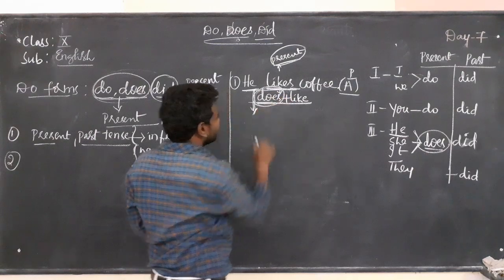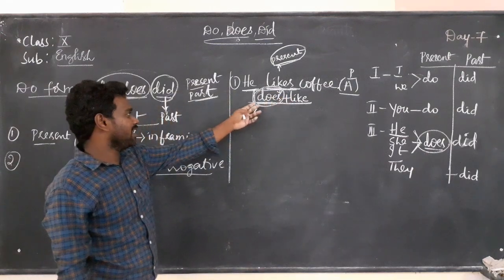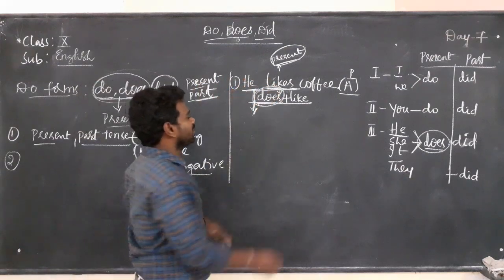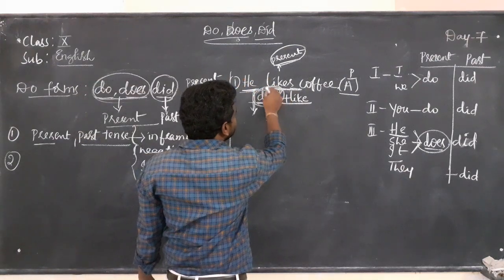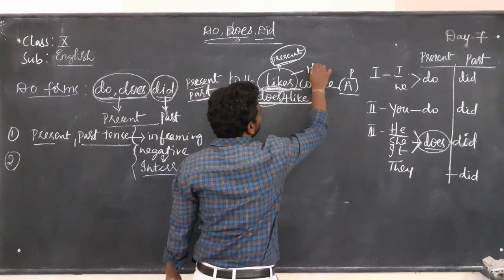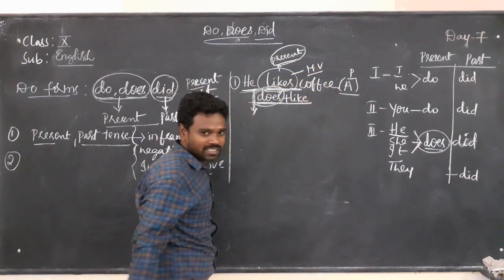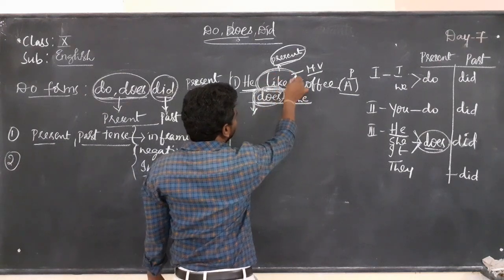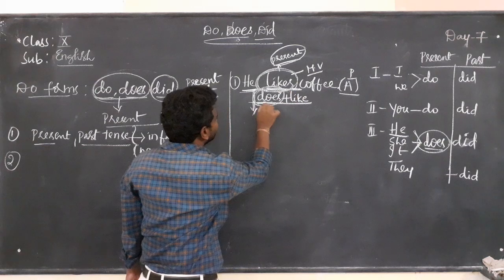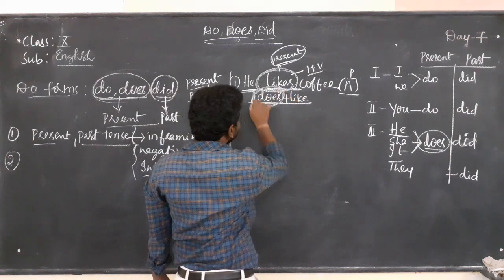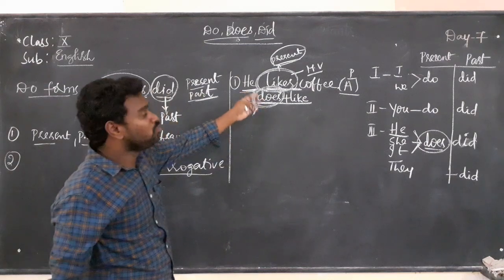I can take the help of the do form and make the negative sentence. In making the negative sentence, likes is the main verb. What is the helping verb here? The helping verb is does, I mean the primary auxiliary do form.